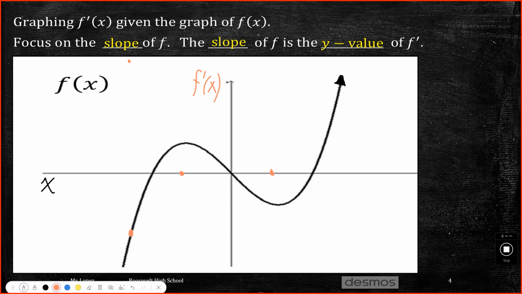But then the rate of change is getting less. This one was higher, then it's getting less, and it's getting less until it reaches 0, the slope of 0. Here, is the slope positive or negative?